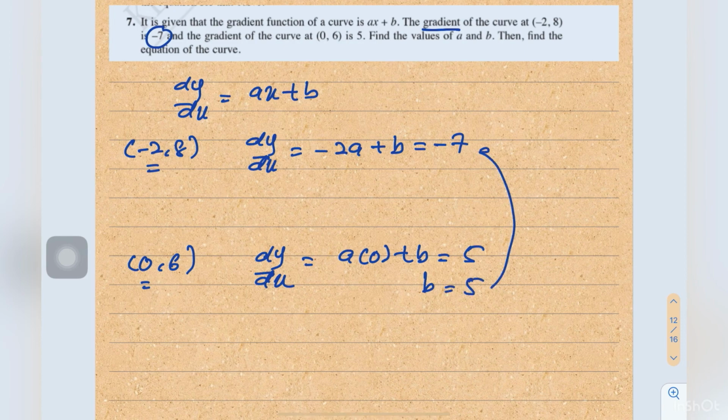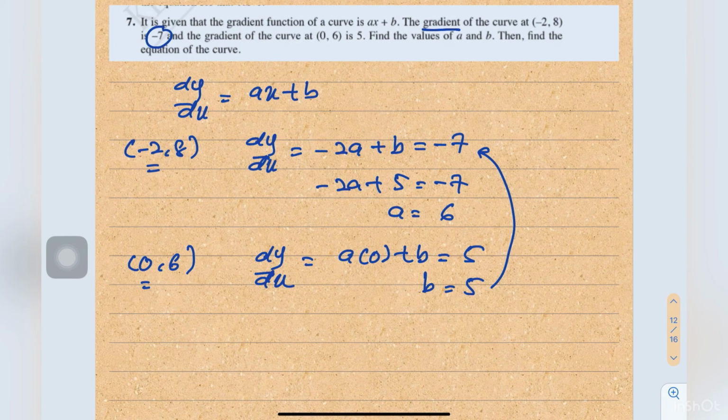Then we substitute into the first equation. b is 5, so negative 2a plus 5 equals negative 7. So a equals negative 7 minus 5, negative 12 over negative 2, which is 6. So now we have the values of a and b.